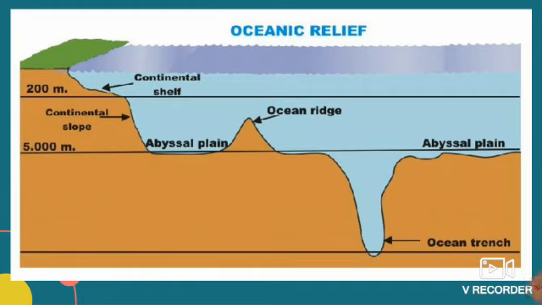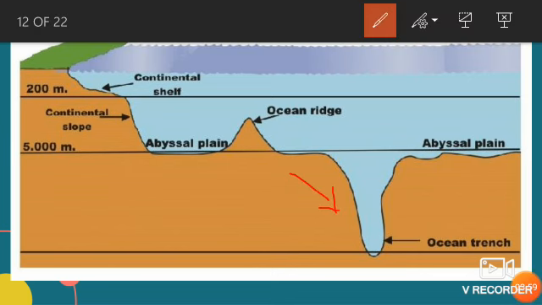If we insert the highest peak, Mount Everest, in those trenches, it will drown completely. That shows the depth of the valley called trench. So these are the relief features of oceans.